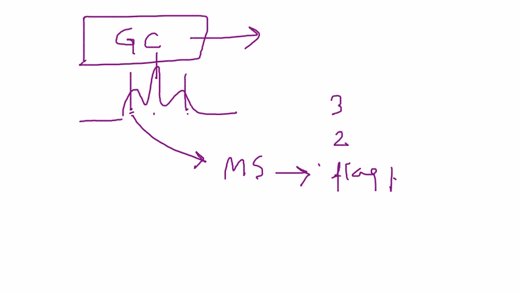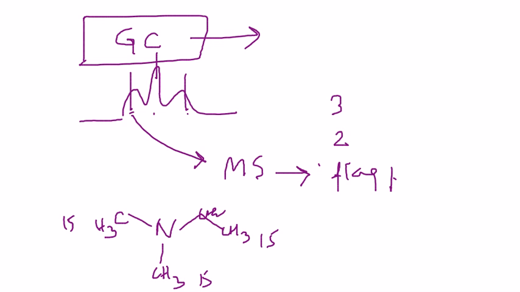So for instance, what we are saying is if you have, let's say, a nitrogen which is bonded to maybe 2 methyls and 1 ethyl group. If you were to count the whole thing, you would say this is CH3, this is CH3, this is CH2, and this is CH3. So you have 15 from here, 15 from here, 15 from here, 14 from here, and 14 from here. That's 45 plus 14 and 14, that's 28.